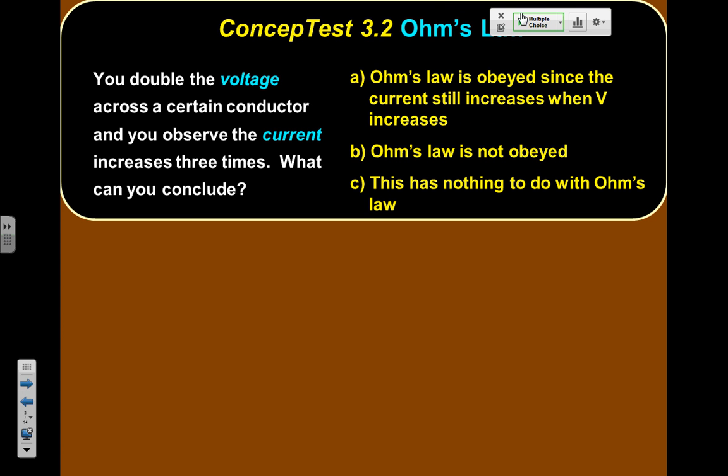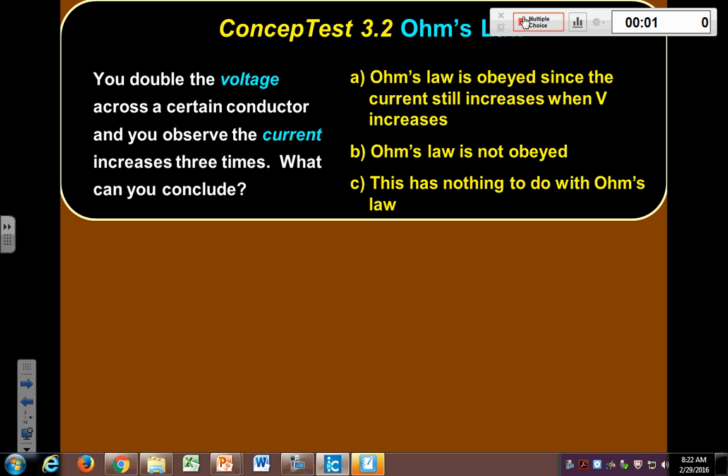You double the voltage across a certain conductor, and you observe that the current increases 3 times. What can you conclude? Is this thing obeying Ohm's law? Is Ohm's law not obeyed, or does it have nothing to do with Ohm's law?